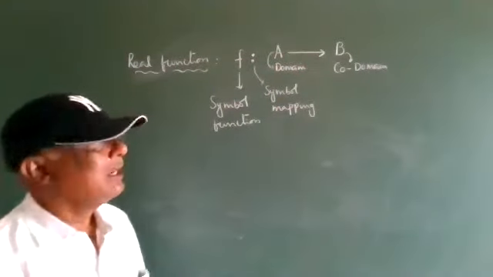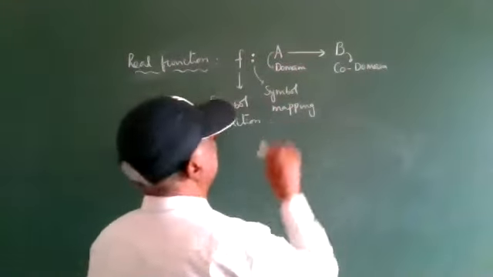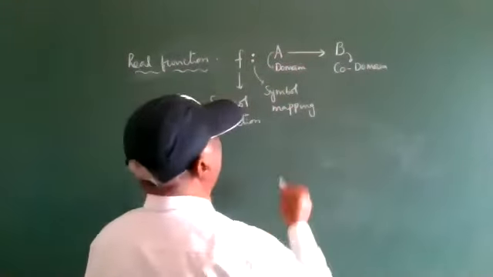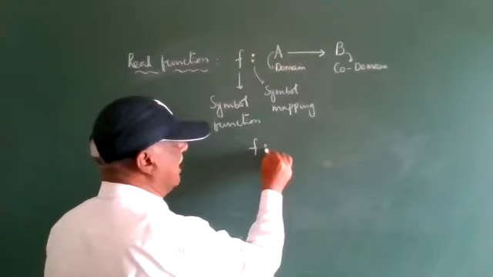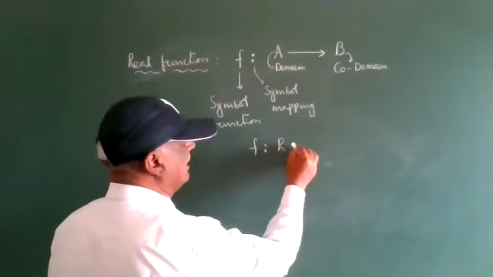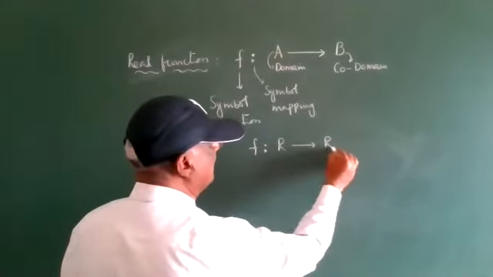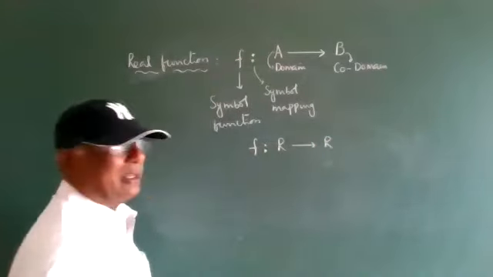So this is the function symbol. Now, for a real function, f is the symbol for function, and this is the mapping. R is the domain, R is the set of real numbers.